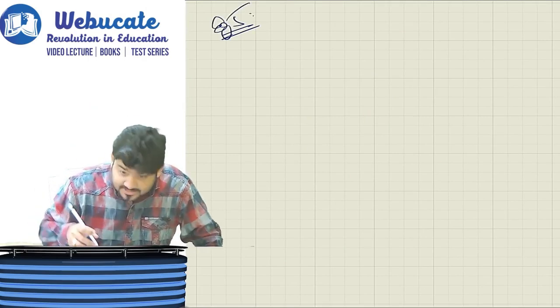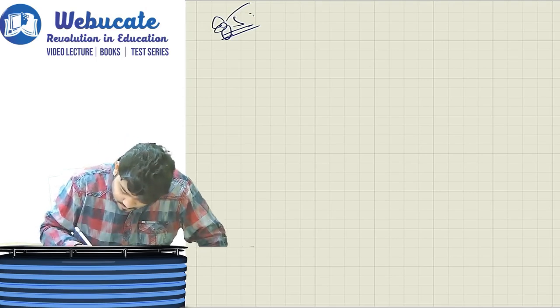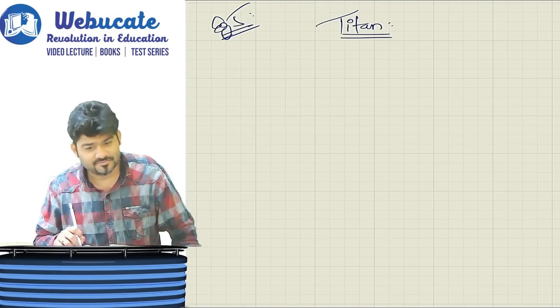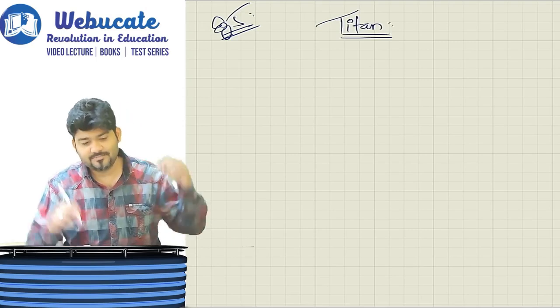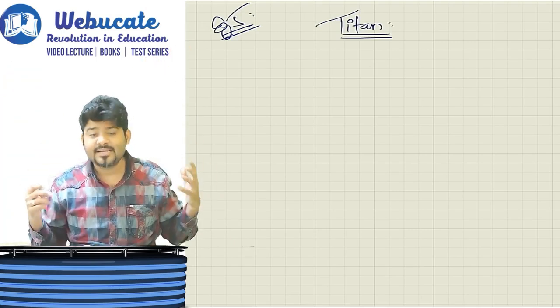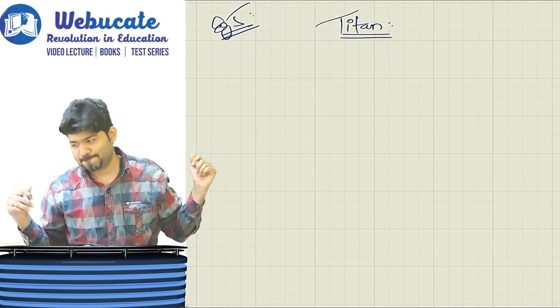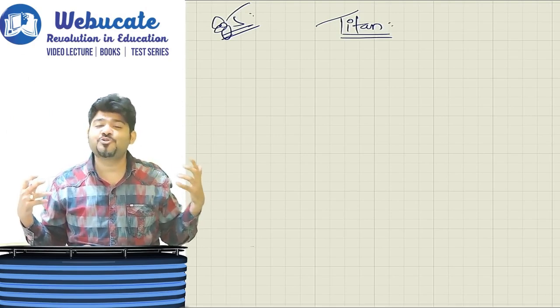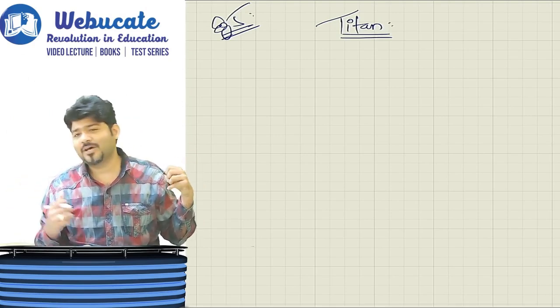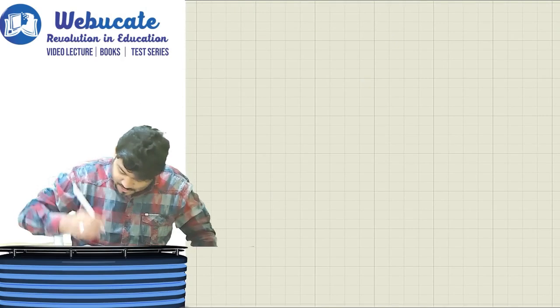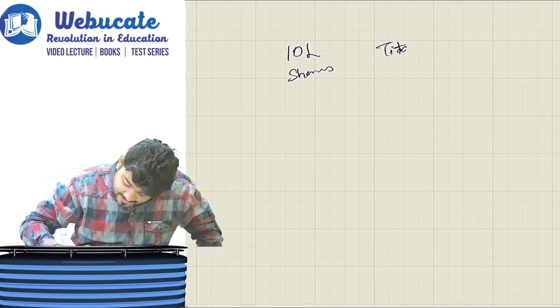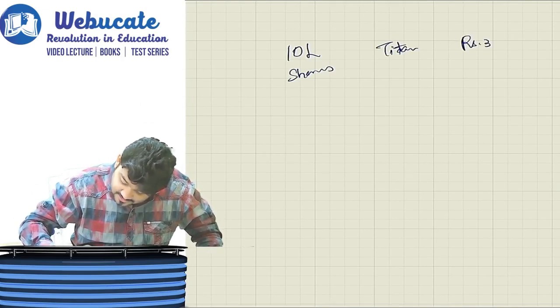Example number 5 is related to a firm called Titan. Have you heard of this name? Everybody has. India's best watch brand at least. Titan has made Rakesh Jhunjhunwala so famous. Rakesh Jhunjhunwala purchased 10 lakh shares of Titan at 30 rupees.